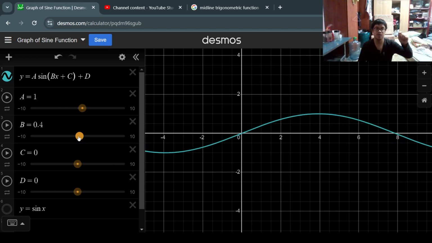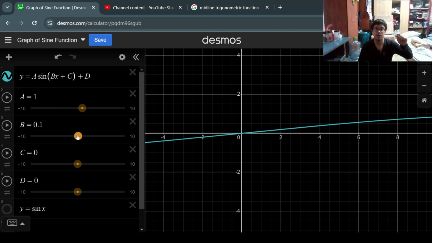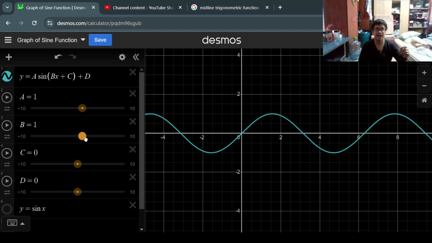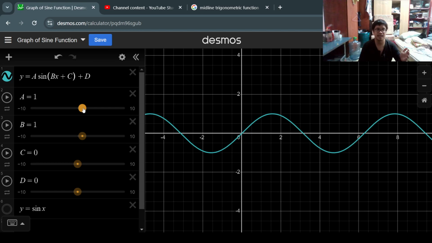All right. But once you reach your value of B as 0, it will look like a horizontal line, right? Just like how your A would be if it's 0. It's a horizontal line.